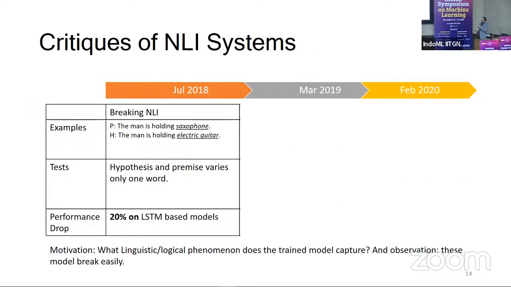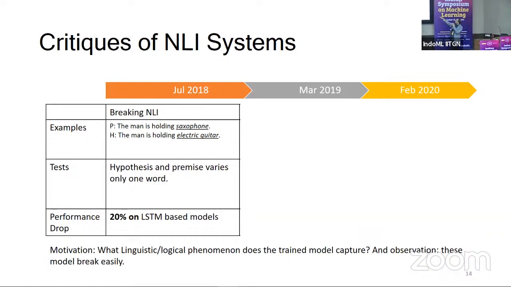You see that these models have improved, but we are starting to find a lot of loopholes, where they are failing on simpler, very simple examples. For example, it started with this famous work of breaking NLI by Glockner et al., which basically showed that the neural nets, at that point of time, the state of the art was pre-BART, right?